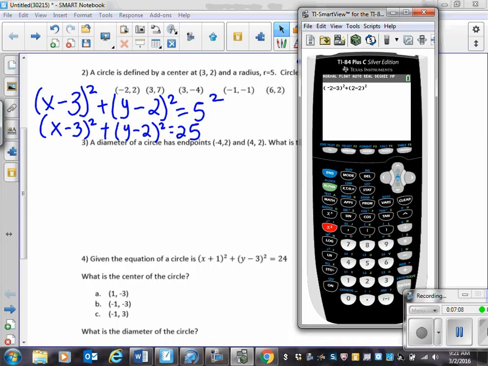If I get 25, then that negative 2, positive 2 is on the circle. But if it was a different number, then it would not be. So just go ahead, do second enter, and it gives you this equation back again. All you have to do is go back here and change the coordinate for the next one. So I'm going to change it to 3.